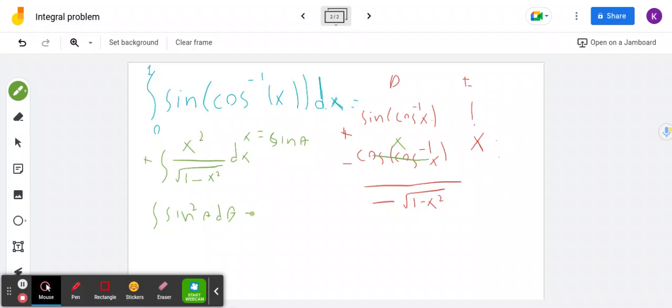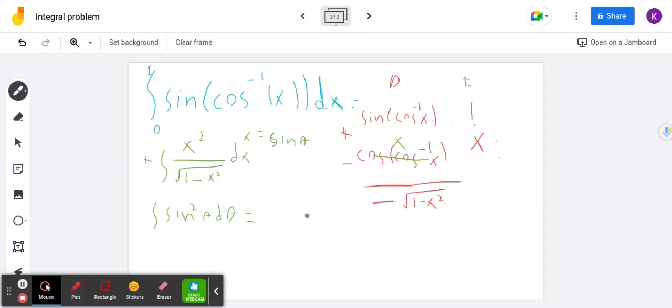And now we can use a trig identity by knowing that cosine of 2x is cosine squared minus sine squared. So we know that cosine of 2x is 1 minus 2 sine squared x. So basically, we can say that sine squared x is 1 minus cosine of 2x over 2.